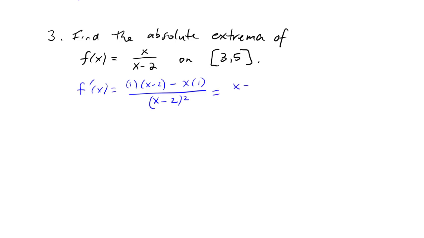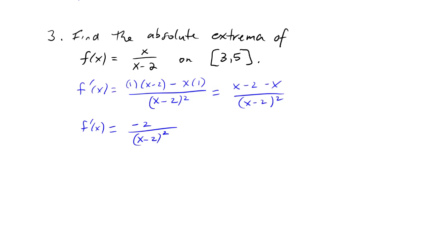So we get x minus 2 minus x over x minus 2 squared. So we get minus 2 over x minus 2 squared.